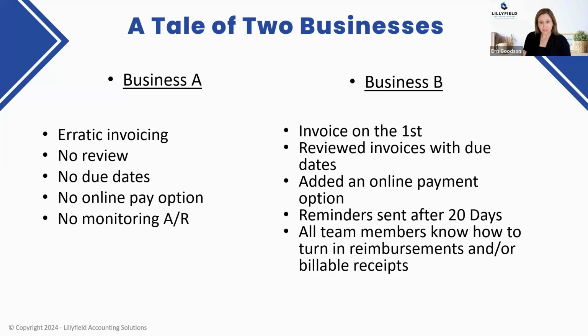There's an option for customers to make an online payment. And then there's somebody following up after those invoices are sent. Somebody's following up for 20 days, and if that invoice hasn't been paid, they're sending out gentle reminders to customers: hey, please give some attention to our invoice and when we get paid, right?